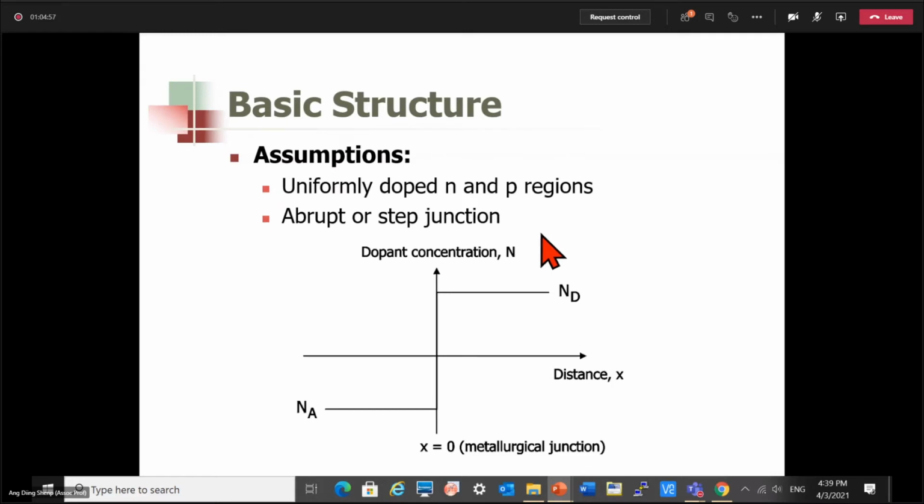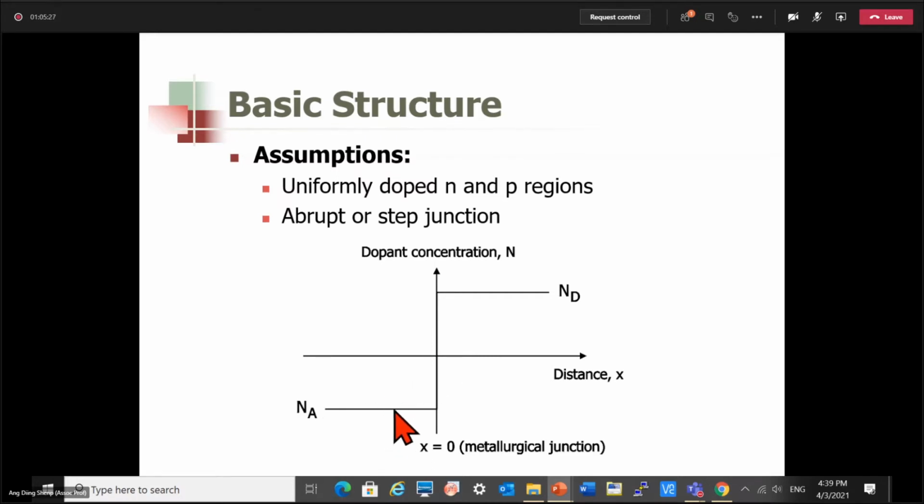All right. Okay. Now, at this point, I just want to caution that an abrupt or step junction does not exist in practice. Okay, it is never possible to create such a doping profile in practice. In practice, what actually happens is that although you can dope the P region relatively uniformly, the doping concentration will start to change almost linearly.